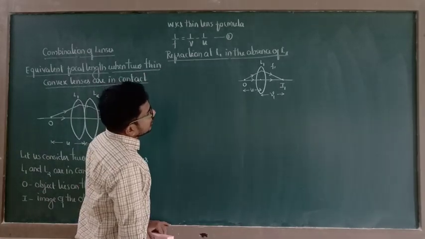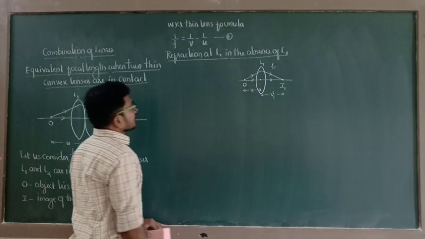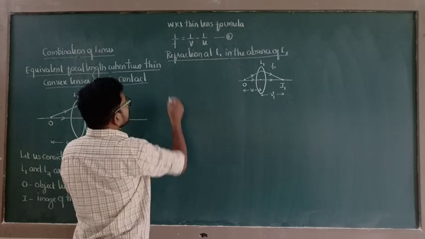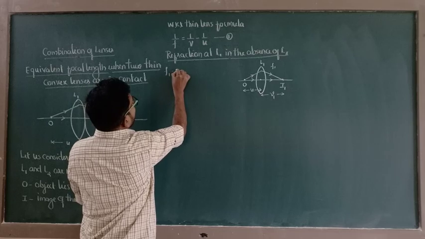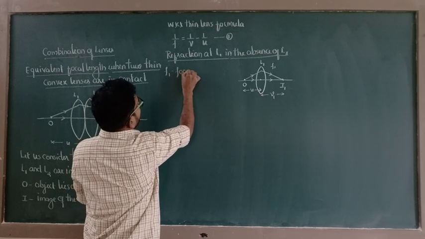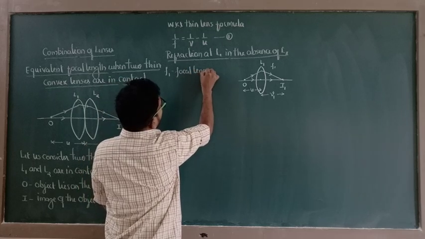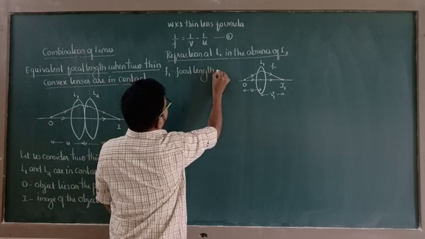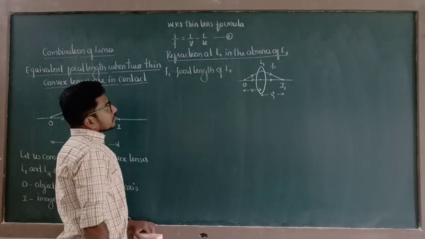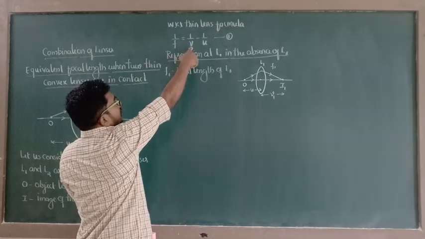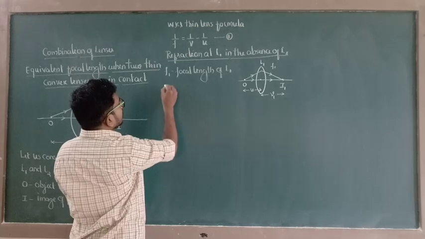Then from this ray diagram, focal length of the lens F1, focal length of L1 lens. Next, image distance. Here image distance is V1.